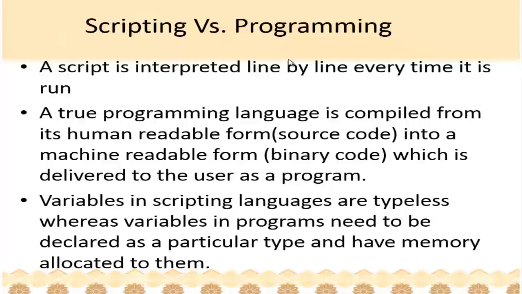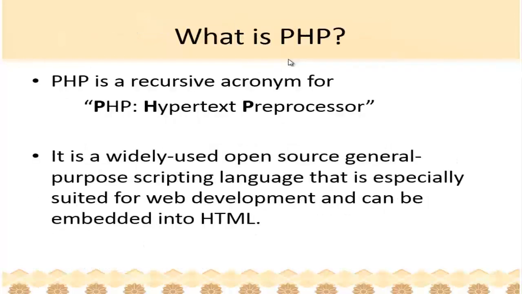They are typeless, whereas when we write a program using any programming language, most of them have data types, and we are supposed to use a data type and make the compiler aware of the type of data that we are using, whereas that is not required when it comes to scripting.